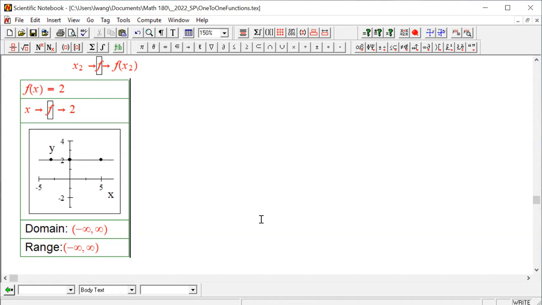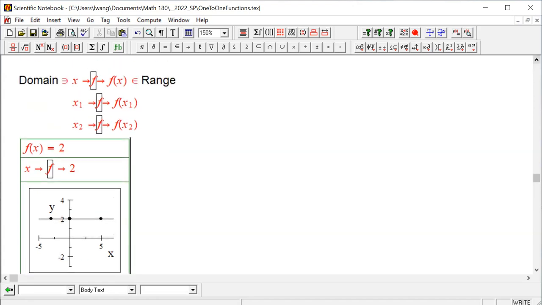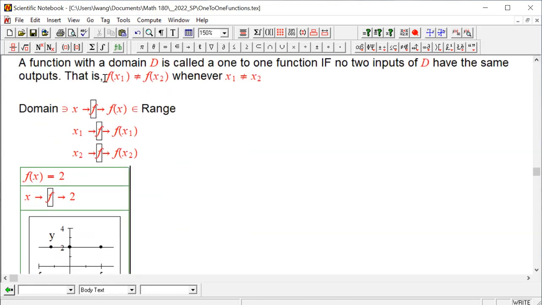Now, with this function, we know it's a function for sure. We have studied that. But is it one-to-one? That's another question. So in order to decide whether it is one-to-one, we're going to use a definition. We're going to decide, is this true?